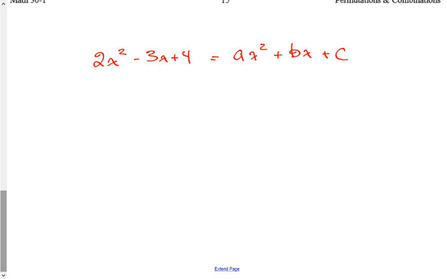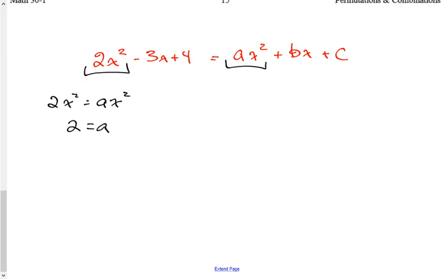Yeah, I just look for the matching, the like terms, and I equate their coefficients. If I know 2x squared equals ax squared, oh, a must equal 2. So what I'm doing is I'm just ignoring the variable because it's unnecessary for me to figure out the answer.